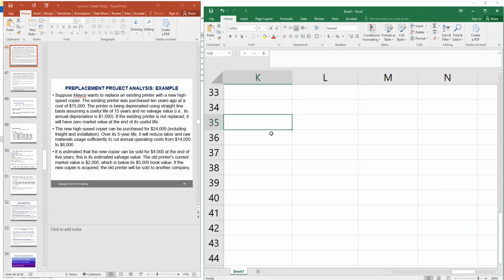Okay. Now, the cost of the existing printer, or cost of old printer, is how much? 15,000.